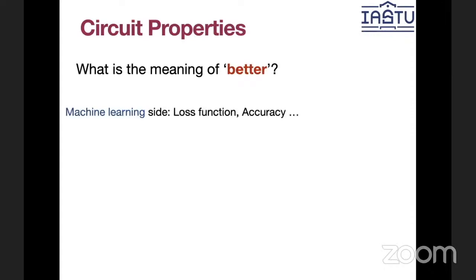Before we answer that question, we ask another question: what's the meaning of better? For the machine learning side, we can use loss function or accuracy to characterize how good a quantum neural network structure is. But these quantities can only be known after training.